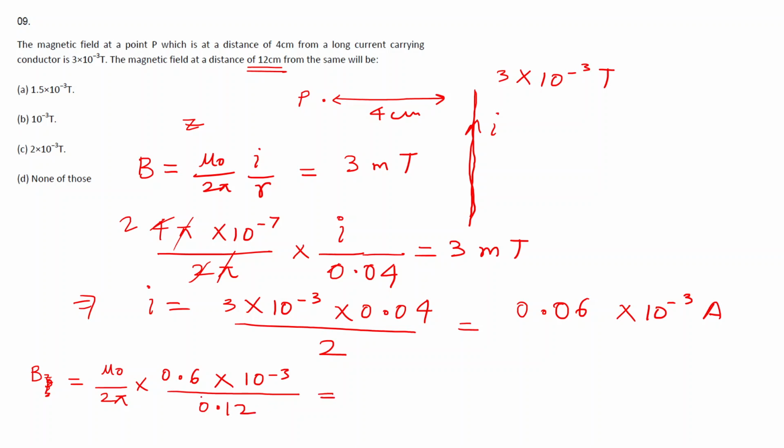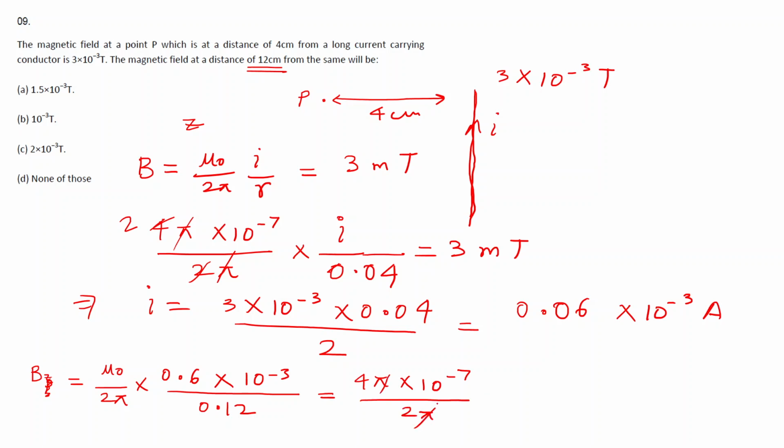When we calculate this, it will be again mu naught, the value is 4 pi 10 to the power minus 7 divided by 2 pi.